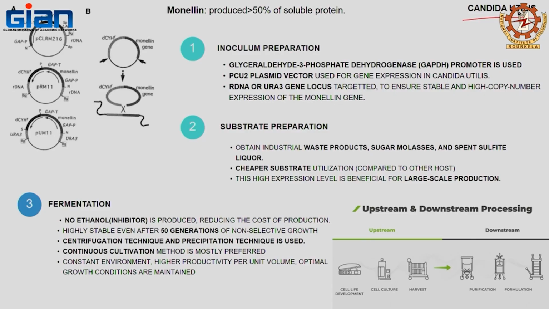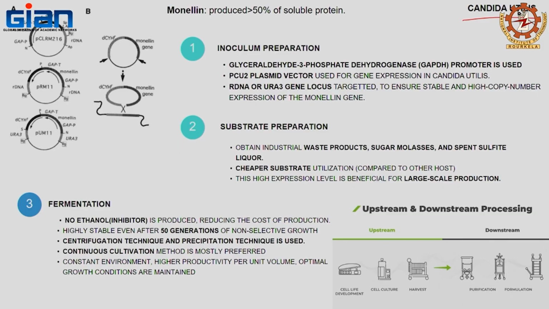The main thing to consider is that it can grow on waste materials like industrial wastes, which is obviously good, and means it can grow in any kind of area without being environment-specific. The other thing is waste products, sugar molasses, and spent sulfite liquors. It also won't produce extra byproducts like methanol, which significantly reduces the cost of downstream processing.